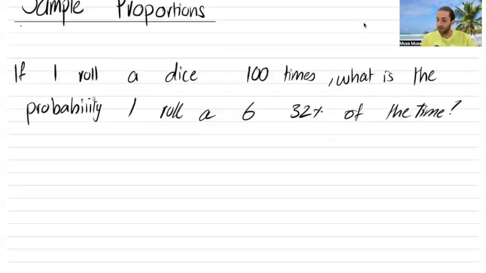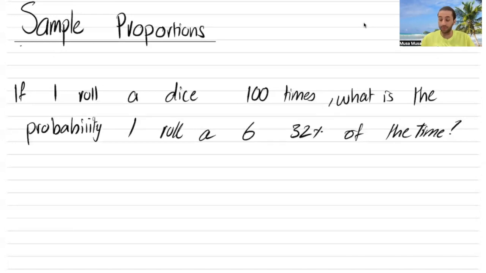Okay, now sample proportions obviously can come from many different distributions. We're going to be particularly concerning ourselves with the sample proportions that come from a binomial distribution.